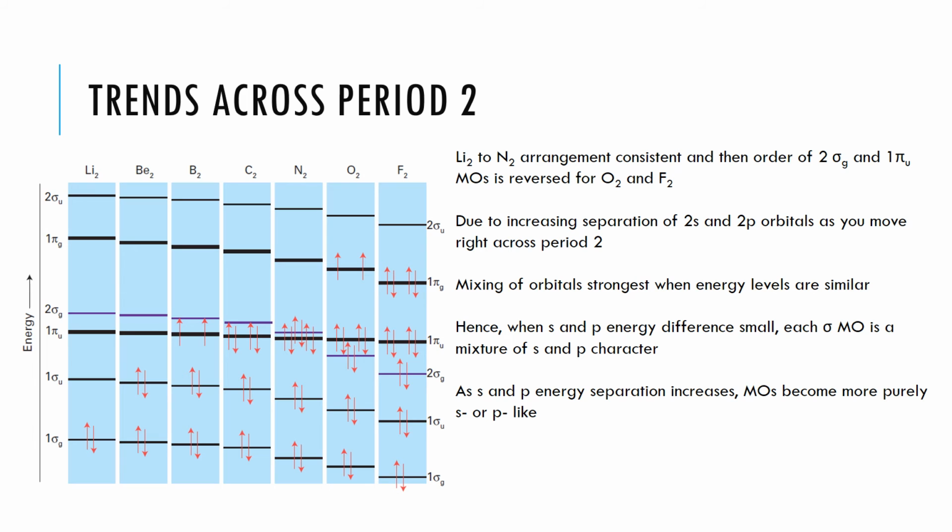So when they overlap, they're s and p like. But as we move to oxygen and fluorine, the 2s and the 2p atomic orbitals become far more separated, energetically speaking. And those molecular orbitals become either more s in character or more p in character. And that's why you see this flip here.